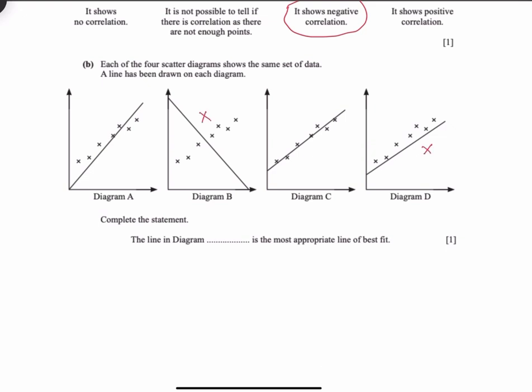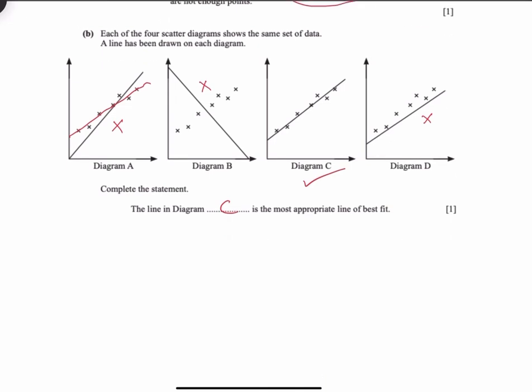This does not work out because all the points are above the line. This does not work out because it doesn't go with the trend. It's supposed to go like that, so no, it doesn't work out. So here 1, 2, 3, 1, 2, 3, the number of points above and below the line are equal. So the line in diagram C is the most appropriate line of best fit.